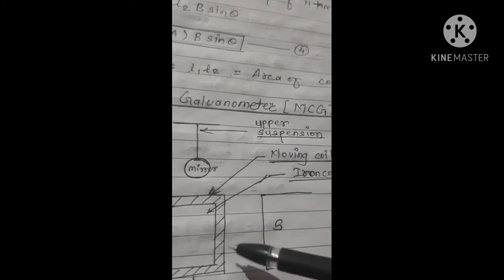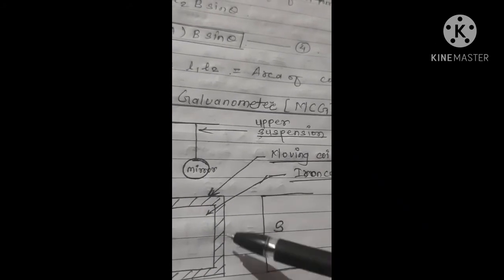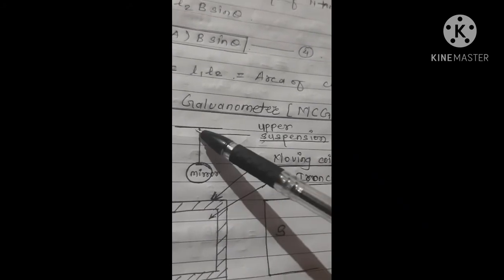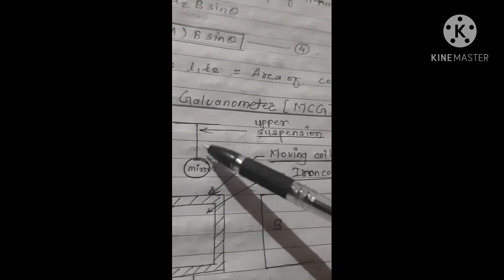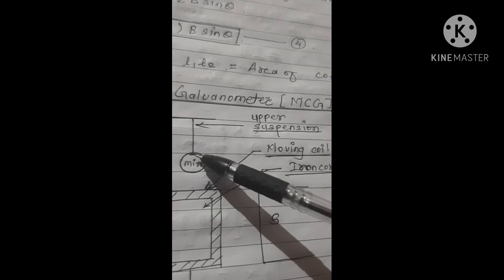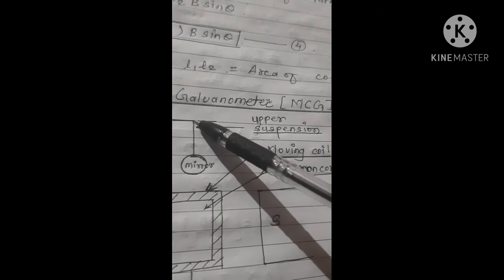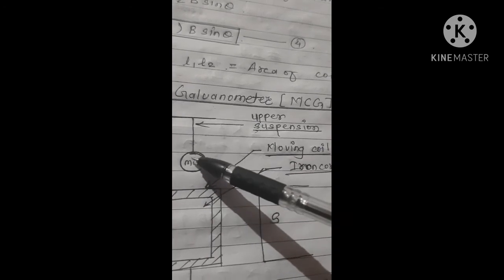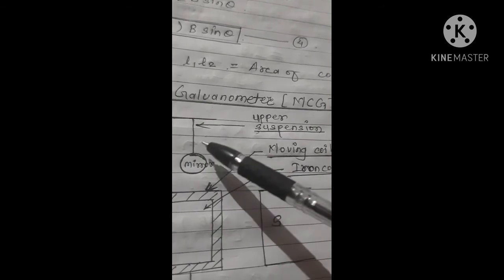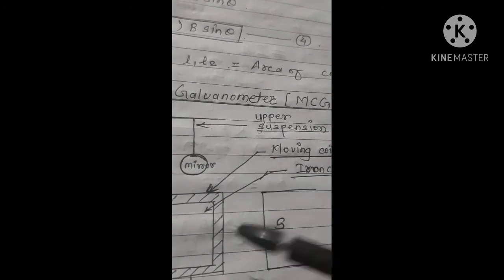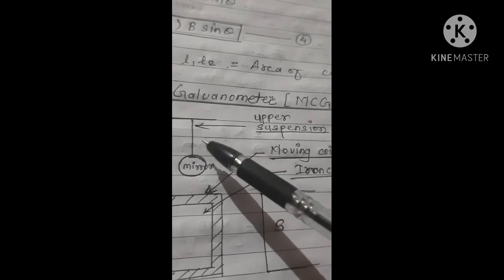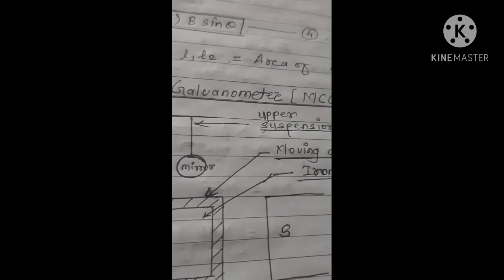The torque due to the external magnetic field is balanced by the torque due to the suspended wire, the restoring torque in this suspended wire. Suppose I is the current flowing through the coil and phi is the angle of twist in the coil.